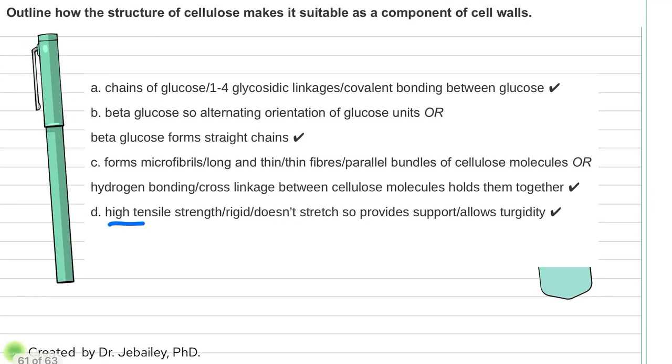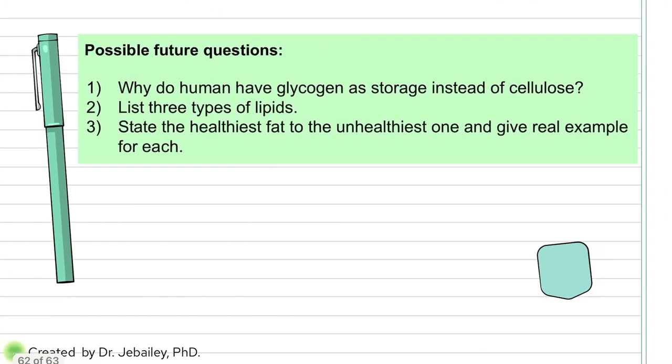Then we have high tensile strength, which is rigid. So if you just say it's rigid and it doesn't stretch, so it provides support and allows turgidity, which means keeping the plant standing strong and tall so it's not bending. Just saying the word rigid is good enough. Cellulose makes the cell wall so rigid and strong so it doesn't bend. And that's pretty much for the questions when it comes to 2.3.